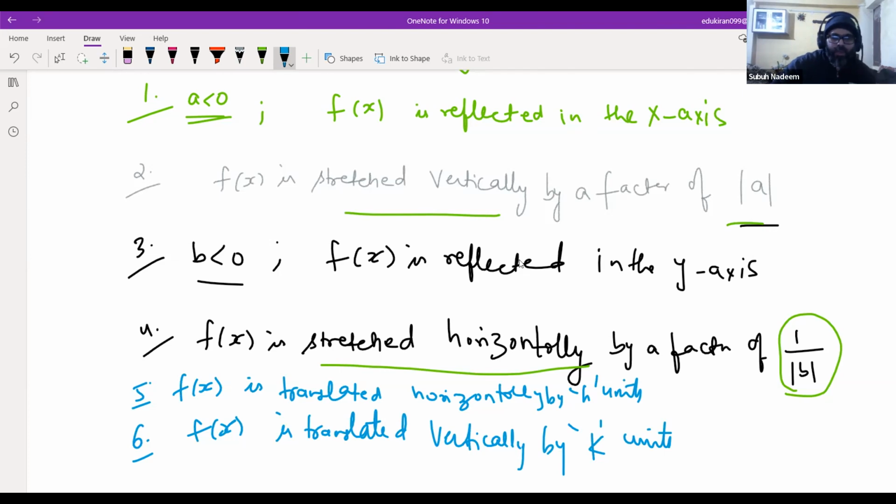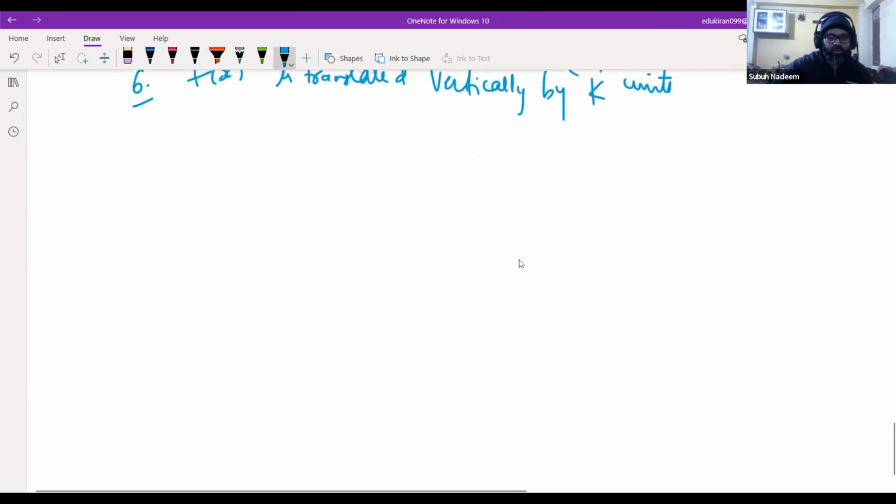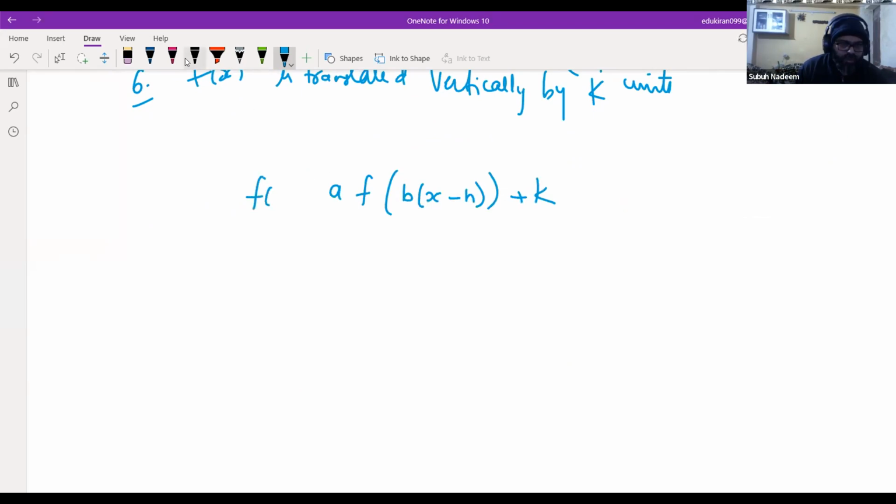Okay. So now, if you come to the mapping rule, you can see what they are talking about: a f(b(x minus h)) plus k, this is y.